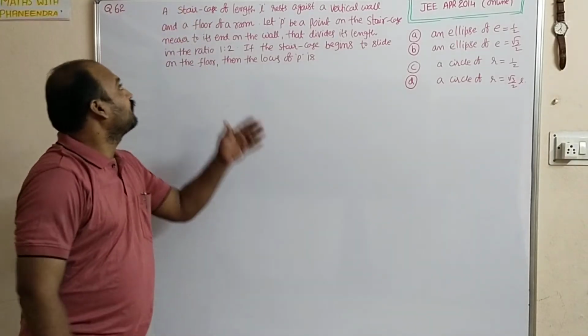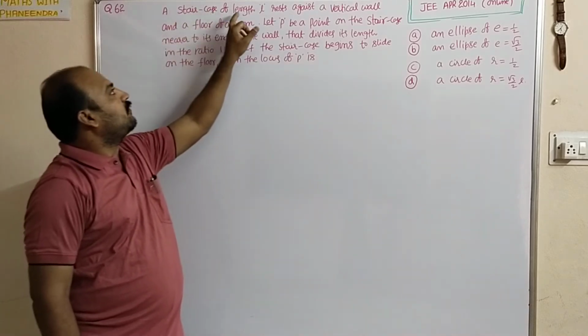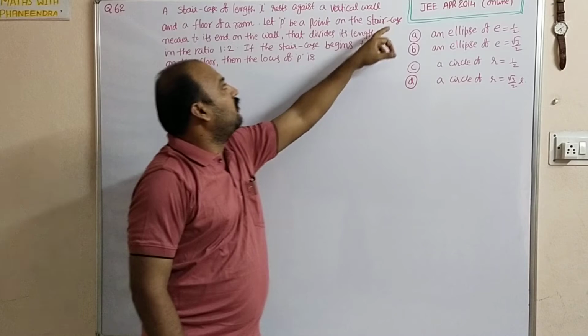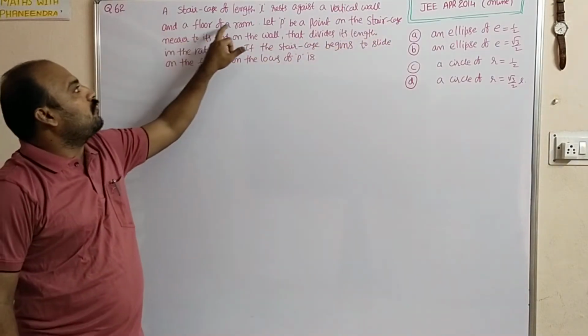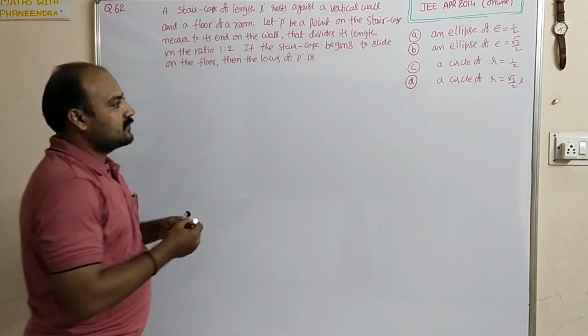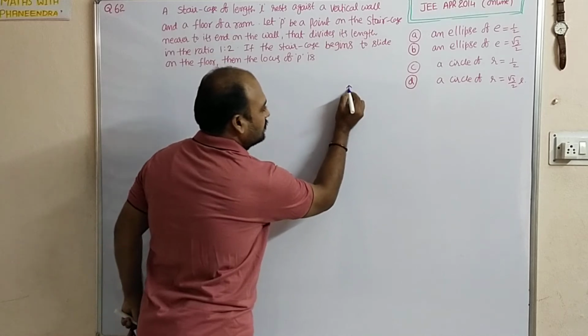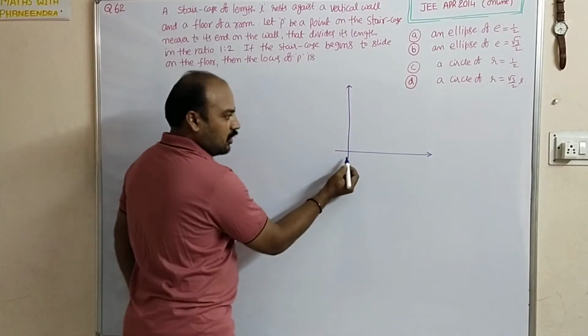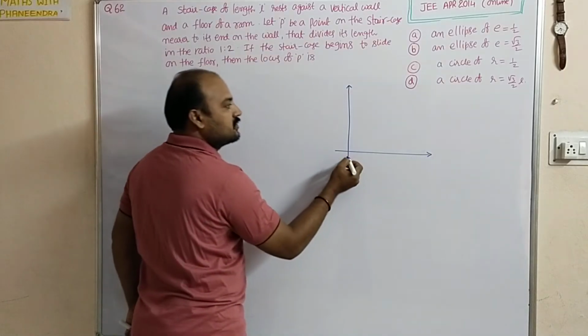The next question. A staircase of length L rests against a vertical wall and a floor of a room. That means the figure will become like this. This is the room, this is the floor, this is the vertical line.